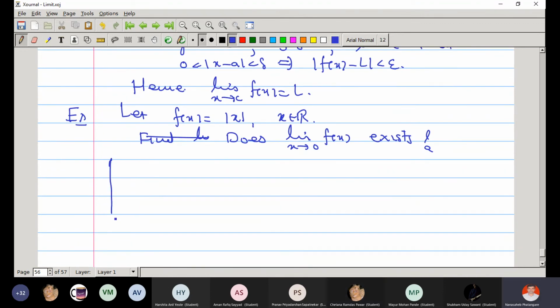Can you sketch the graph of this function? It is the same as x if x is positive. Right? If x is positive, the absolute value is x. It is minus x if x is negative, and 0 if x is equal to 0. Correct?